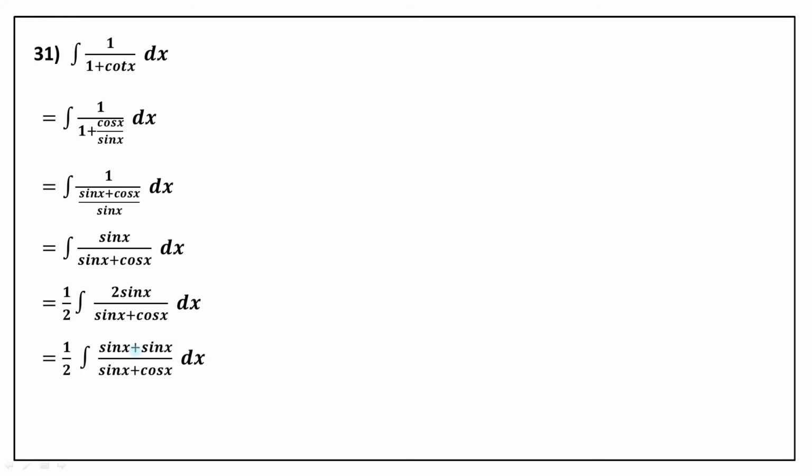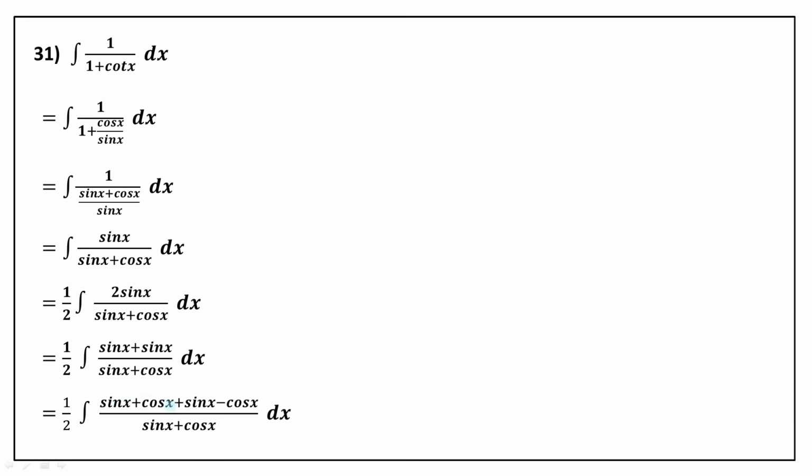Now one more step we have to remember is that 2 sin x we have to write as sin x plus sin x. Without this step, we can't simplify this problem further. And then I'm going to add and subtract cos x. So here I'm adding cos x and then subtracting cos x.